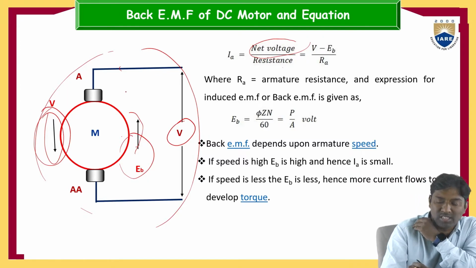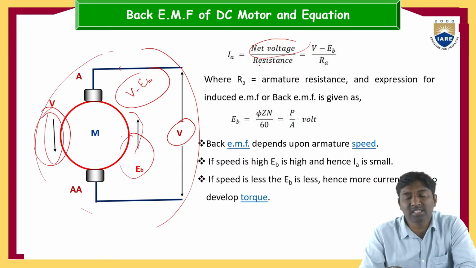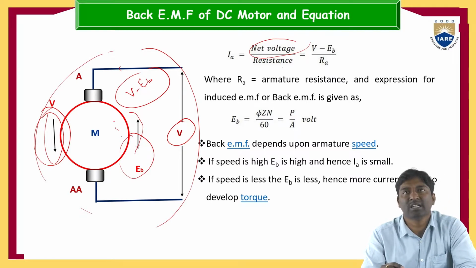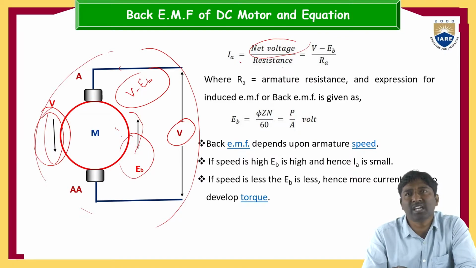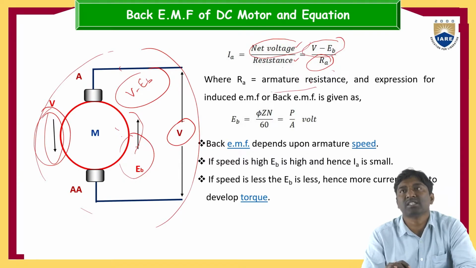So the net voltage is V minus EB. IA is equal to net voltage by resistance. Which resistance do we take here? The armature resistance. So IA is equal to V minus EB divided by RA, where RA is the armature resistance.